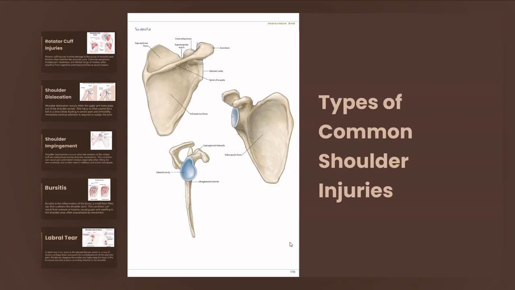So these injuries happen because of repetitive trauma to a particular area, something you are overdoing: lifting continuously for a long time, for years, or doing a particular job which involves your shoulder joint.